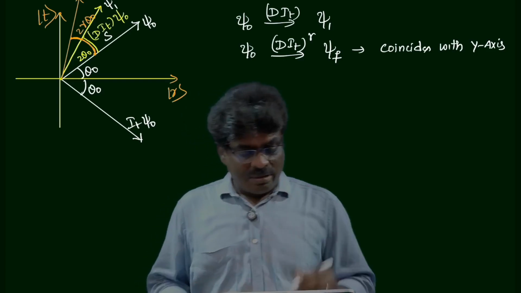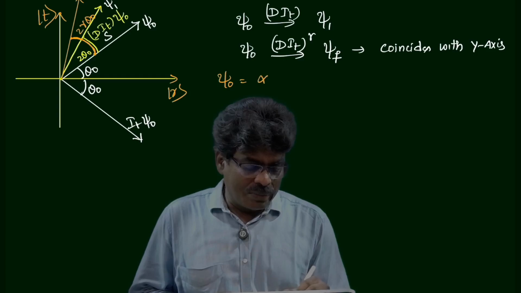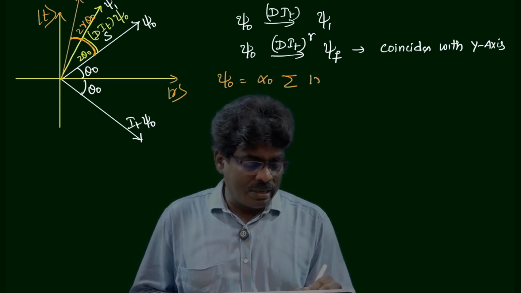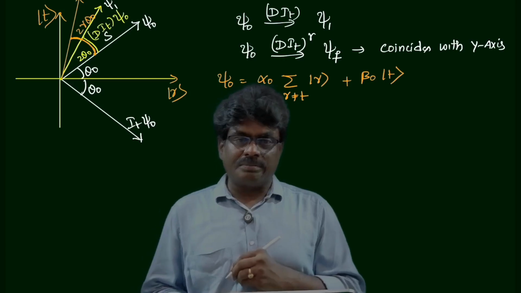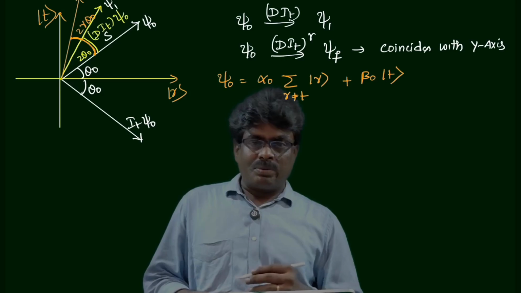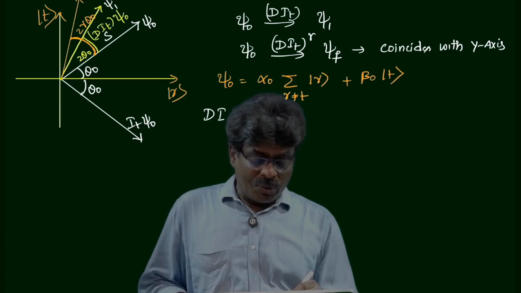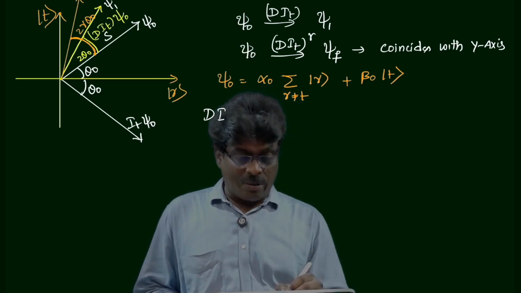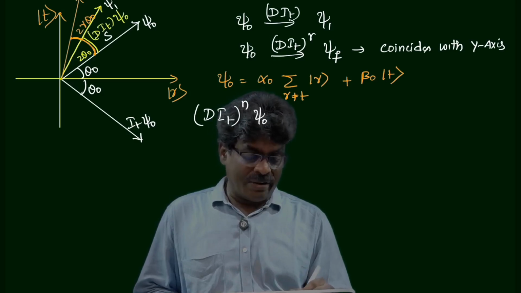Okay, so here I have psi naught equal to alpha naught summation over r plus beta naught t, where r is not equal to t. This is the initial state. Now let us suppose D_it, the Grover's iteration operator, is operated n times on psi naught.